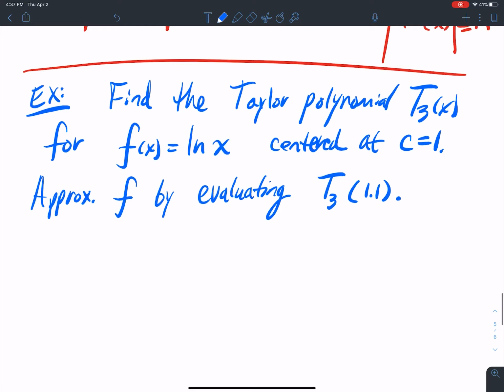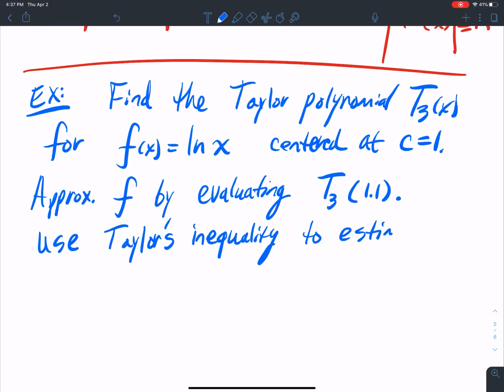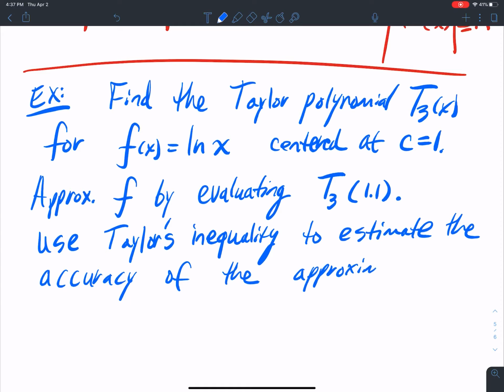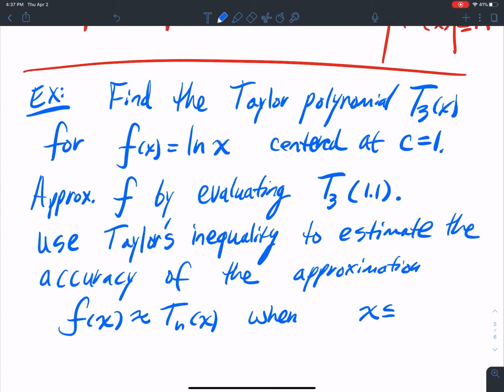Use Taylor's inequality to estimate the accuracy of the approximation f of x is approximately Tn of x when x is between 0.5 and 1.5.